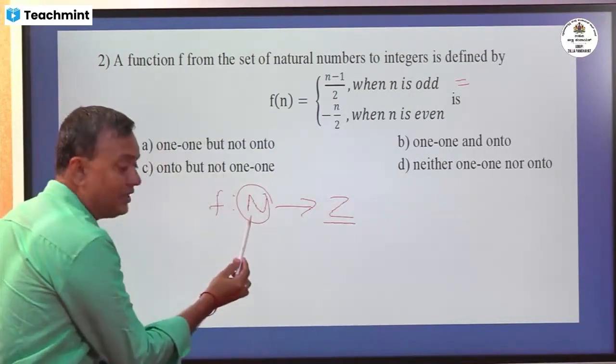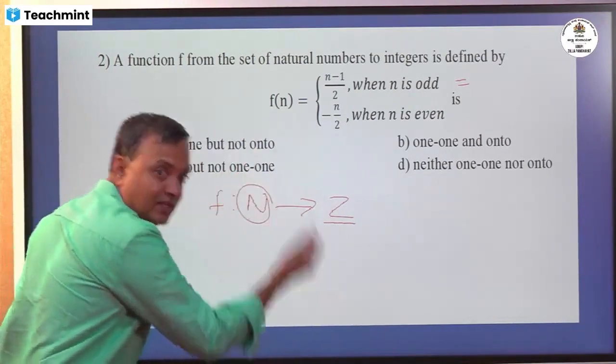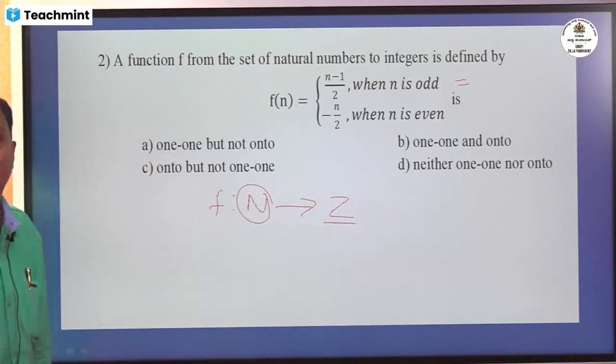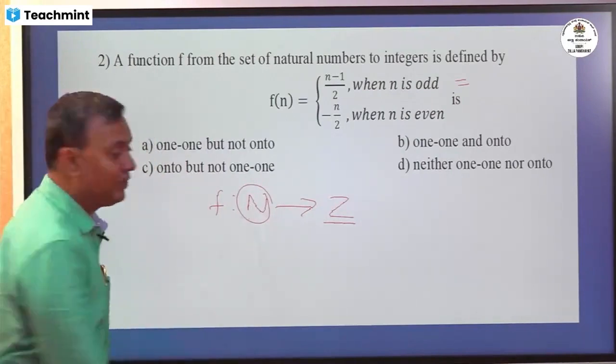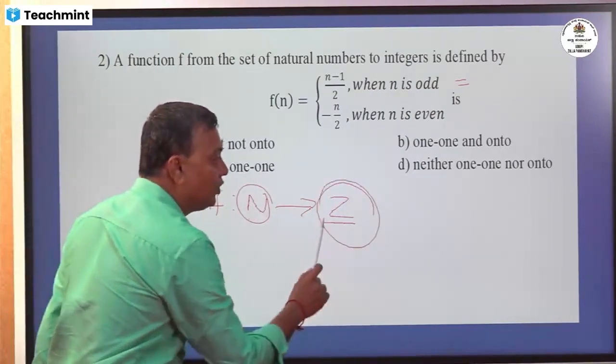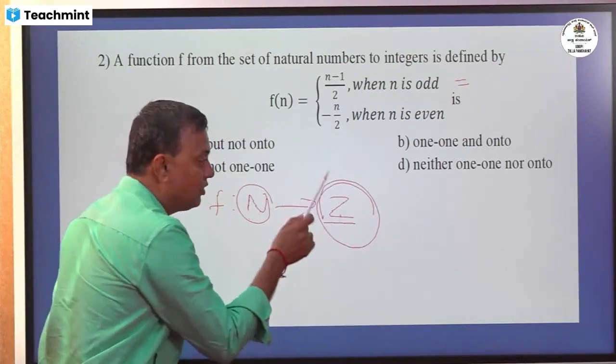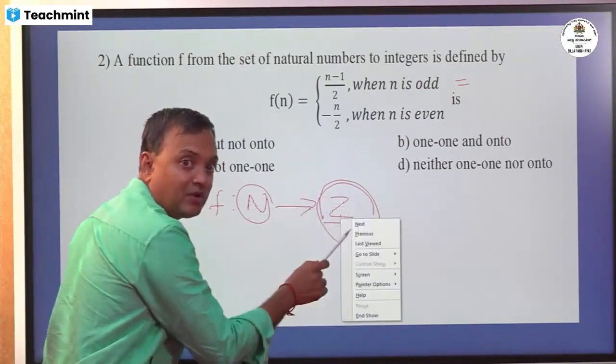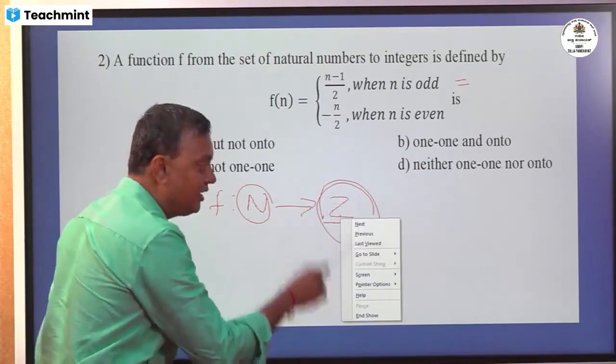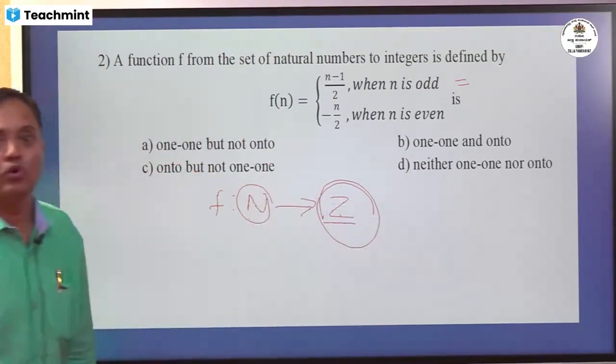If different natural numbers have different images, then the function is one-one, and it is onto when the codomain, the integers, is equal to the range or image set.